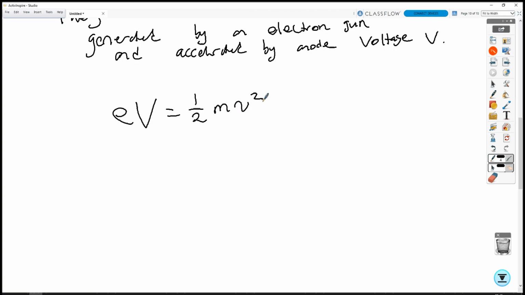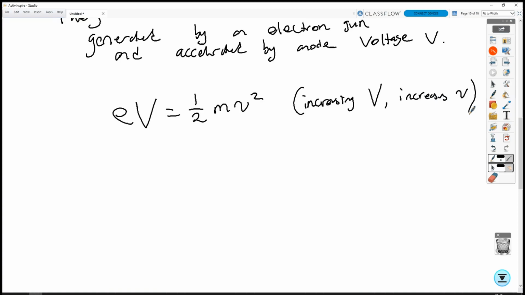And if you increase the voltage, you'll end up increasing the velocity of these electrons. So increasing V increases little v.